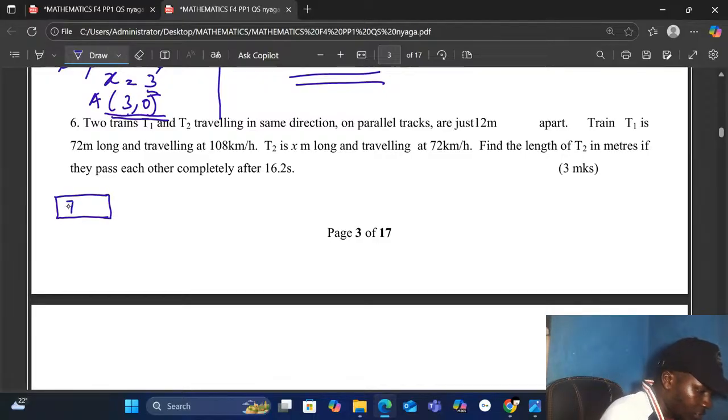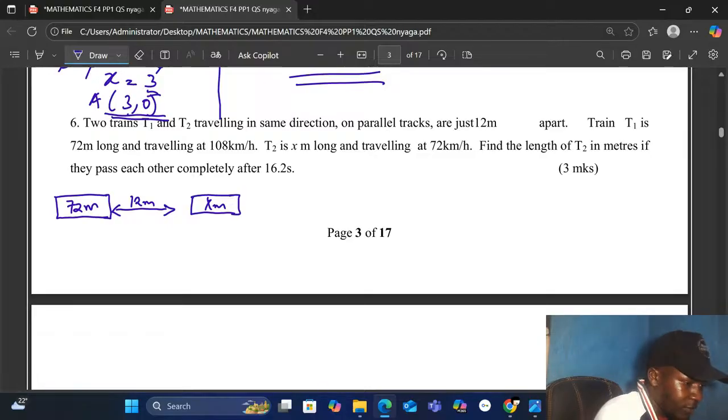So you can have this sketch, which is 72 meters. The distance from here to here, they're saying from train T1 to T2, is 12 meters. But train T2 is x meters long. But train T1 is moving at a speed of 108 kilometers per hour.